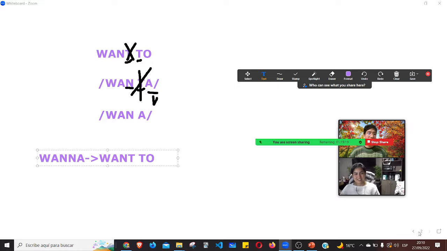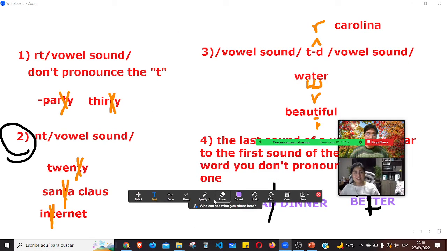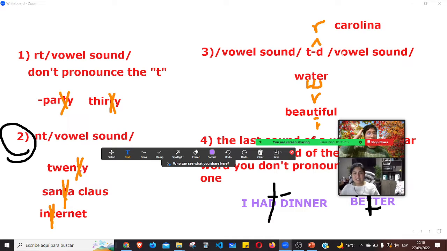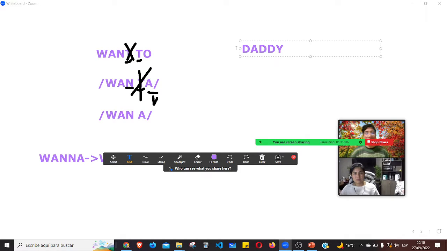But now, do you remember rule number 3? Vowel sound, T or D, vowel sound, right? Yes. Imagine that I have this word, daddy. Daddy, what am I supposed to do here? Drop this one and then daddy.